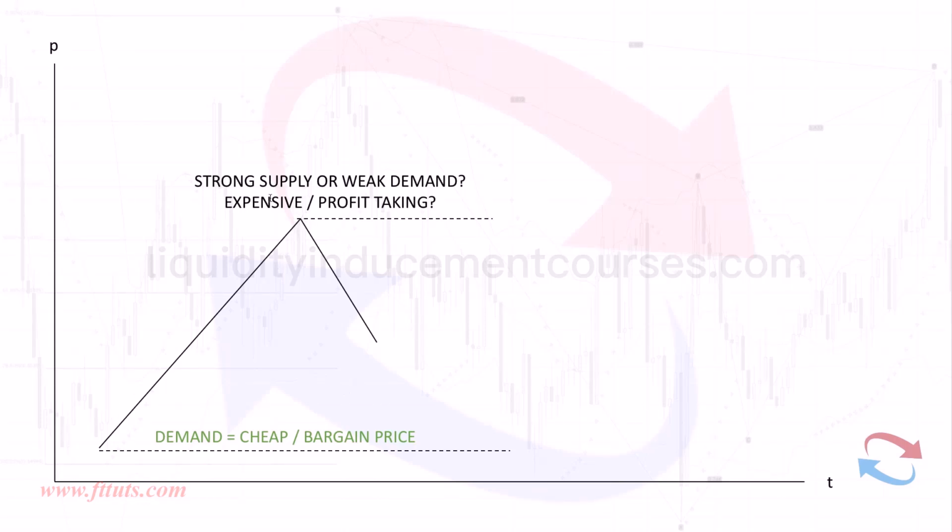So I put here strong supply or weak demand. In my opinion, it's weak demand on the first touch and first retracement at a price level, and not the fact that there is going to be strong supply coming in. This represents a potentially expensive area simply because buyers are no longer willing to buy at this level. So this would be considered cheap down here, and this would be considered expensive.